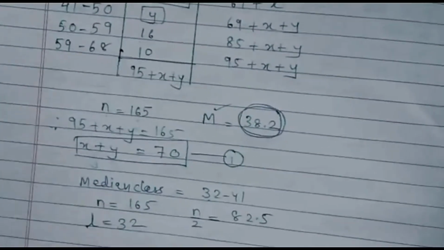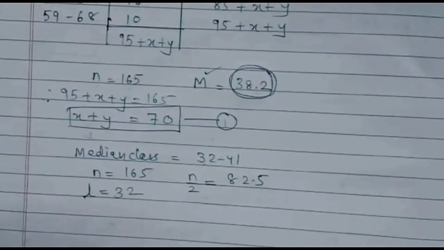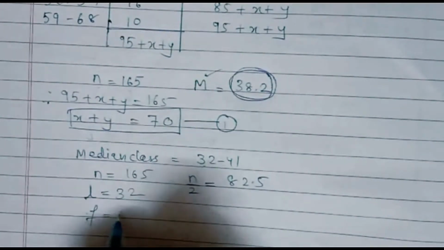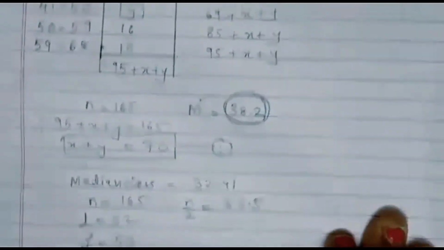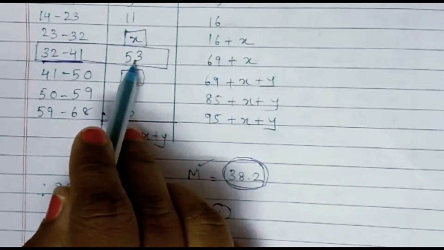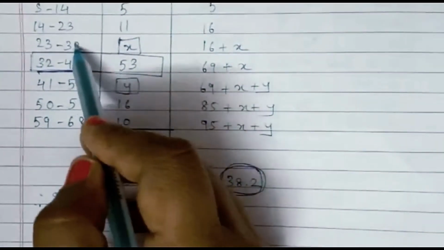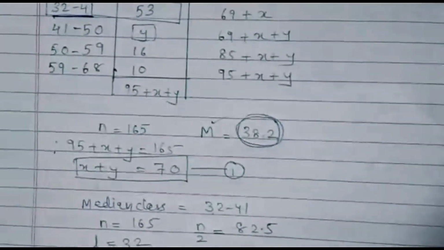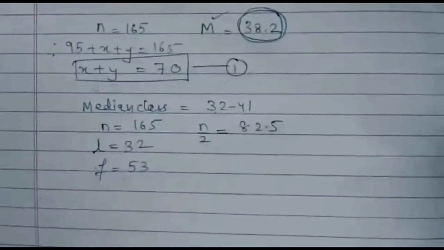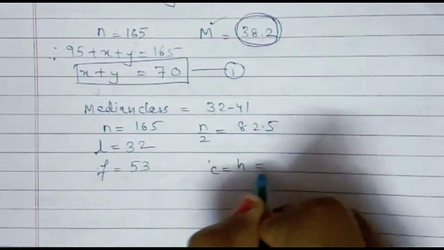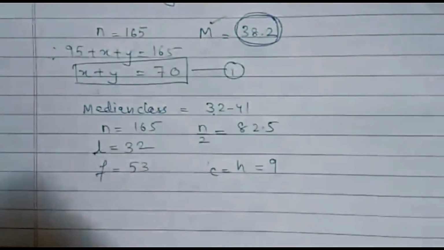What else do you need is the frequency. The frequency of this class will be 53. We can see the median class is 32 to 41, so frequency f is 53, and the class width is the same, that is 9, 41 minus 32. So we will write here the value of h, which is 9.